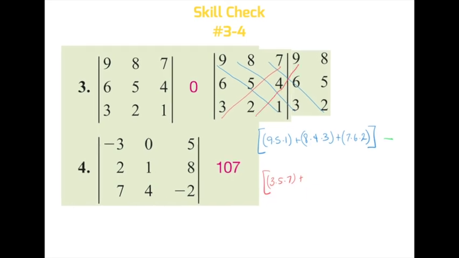Two, 4, and actually 9. Scooted in too close. 1, 6, and 8. All right. And then we're just going to do these. 9 times 5, 45 times 1 is 45. 8 times 4 times 3, which is 96. 7 times 6 times 2, which is 84.